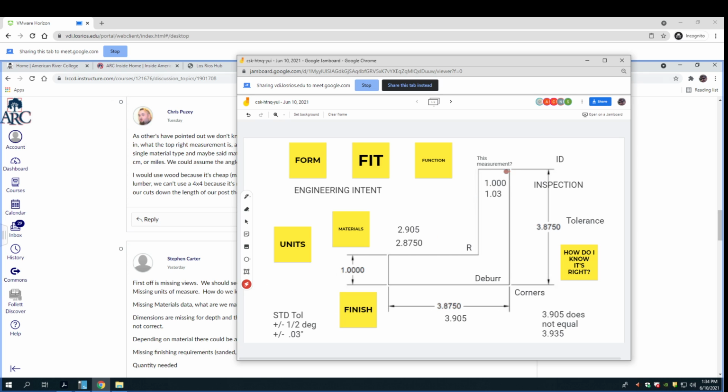Put this on. You're going to learn how to make this and draw these lines. You're going to learn how to put these dimensions on and make them look right so that they mean something to this.